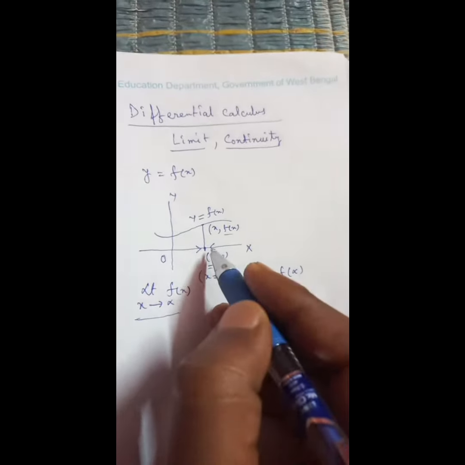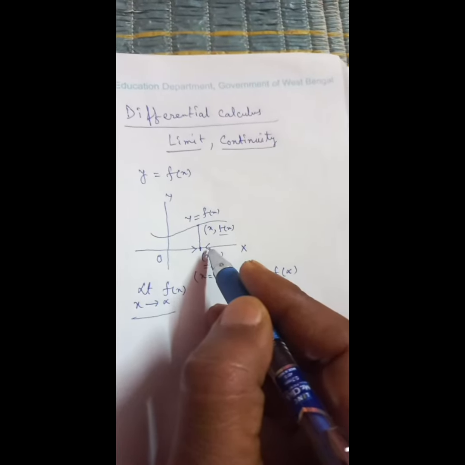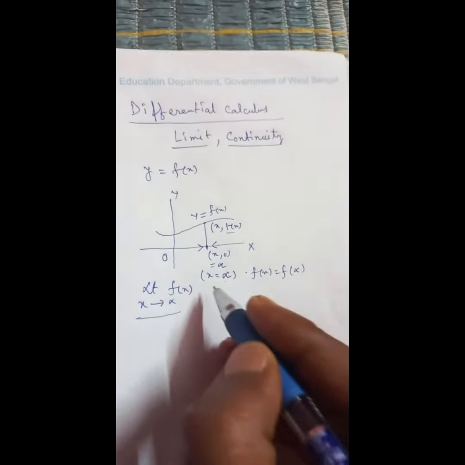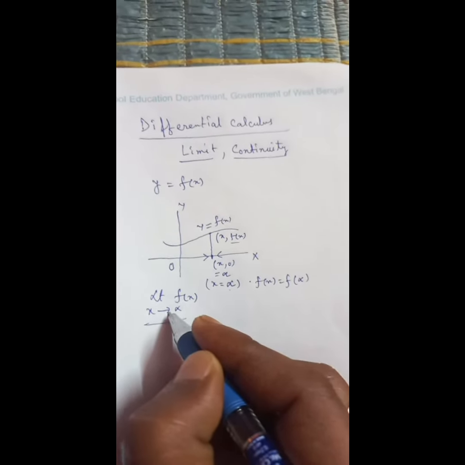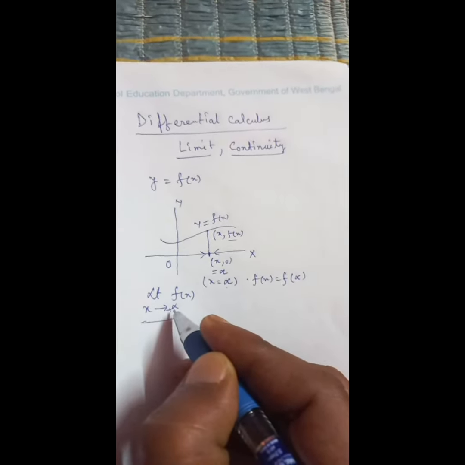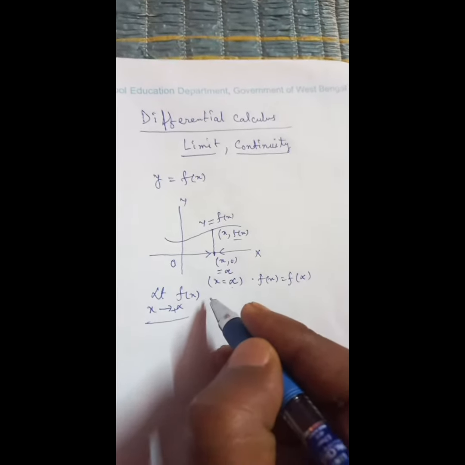So if we take limiting values of x approaching alpha from right hand side, this is denoted by x tends to alpha plus.